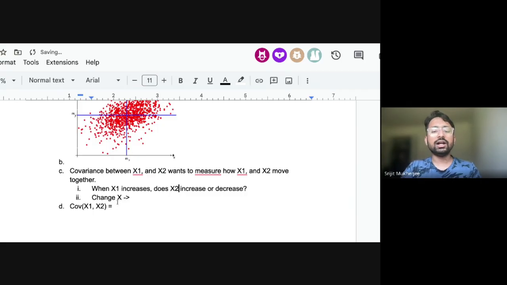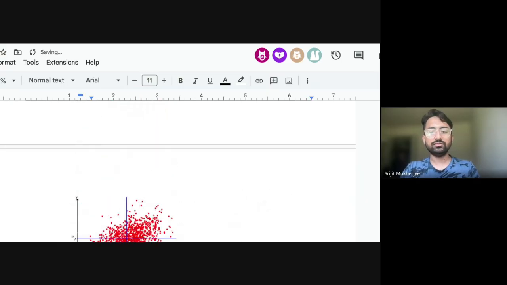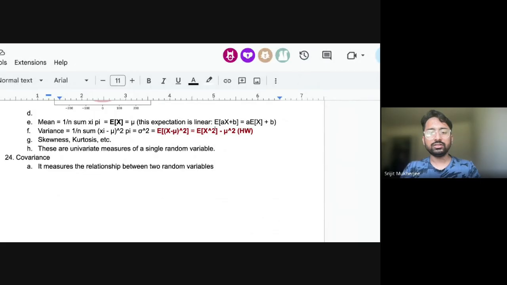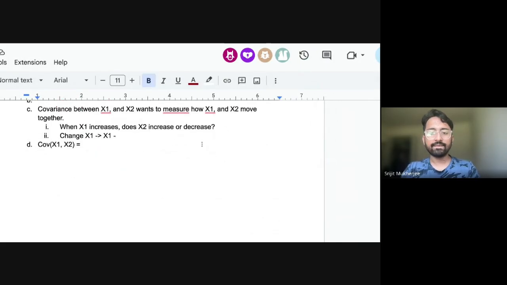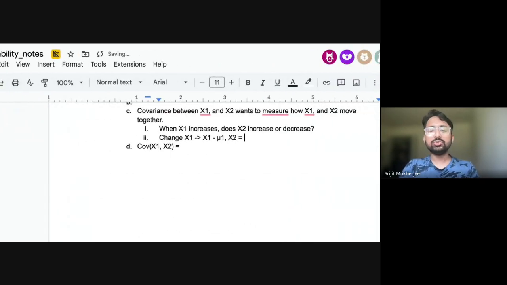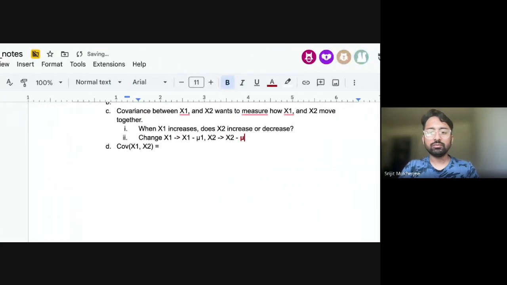Change x1 to x1 minus its mean, let's call it mu1, and similarly x2 to x2 minus mu2.